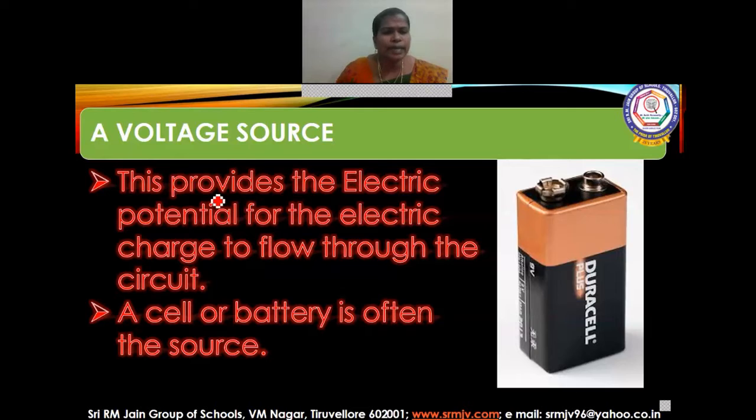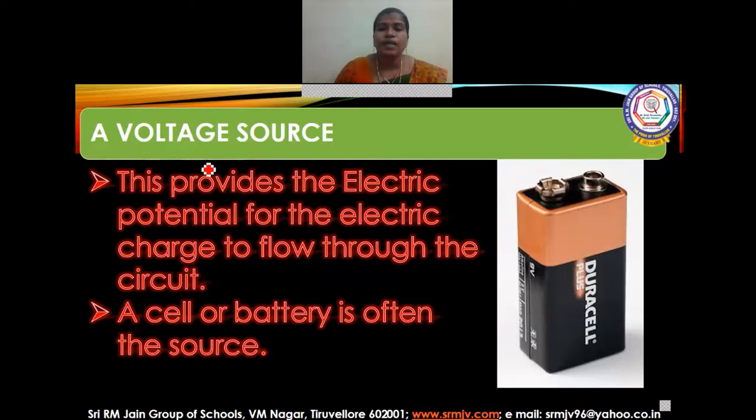So what do you mean by voltage source? A voltage source provides the electric potential for the electric charge to flow through the circuit. In our previous class we have discussed the potential difference. So when will the charge flow? Only when there is a difference in the energy level.